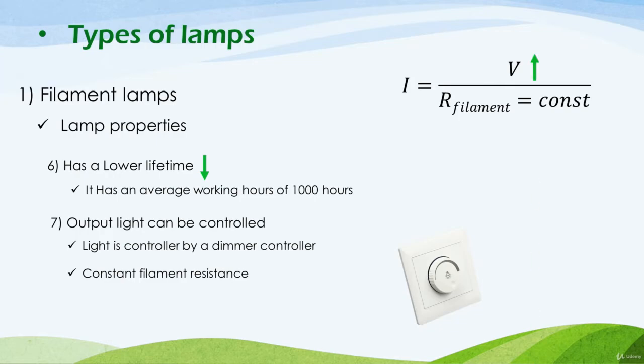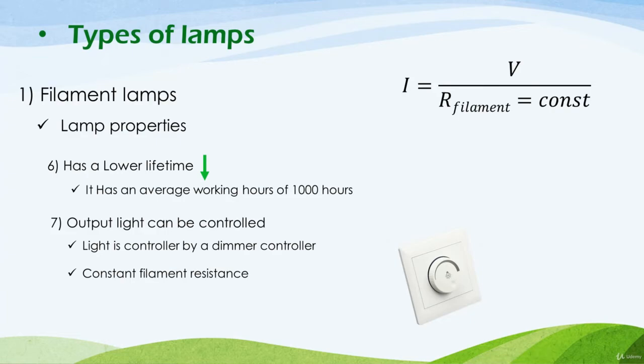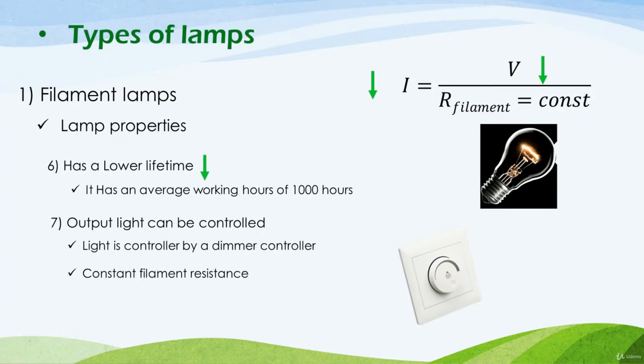So when the voltage increases, the electric current will increase, and when the current increases, the light output of the lamp will be larger, so it will produce larger lumens. Also, the inverse is true, as when the input voltage decreases by controlling the dimmer switch slider, the input current will decrease, and then the light output or the lumens output of the filament lamp will decrease. Very good.